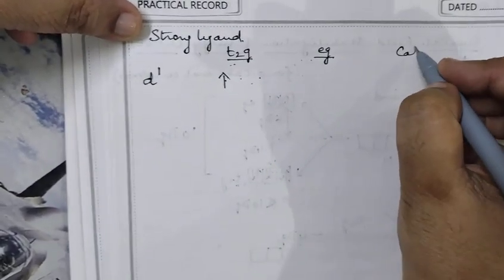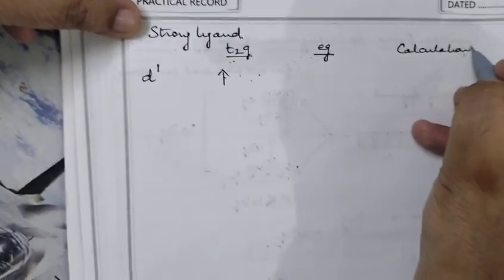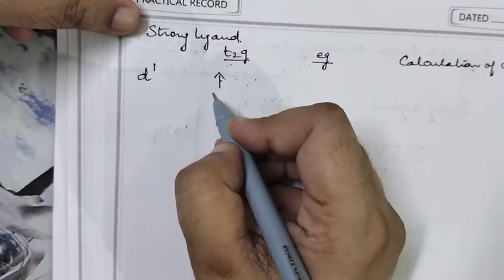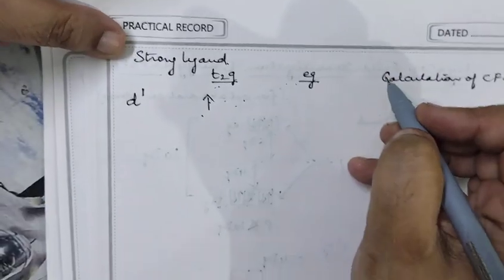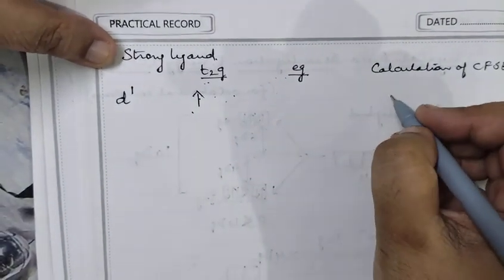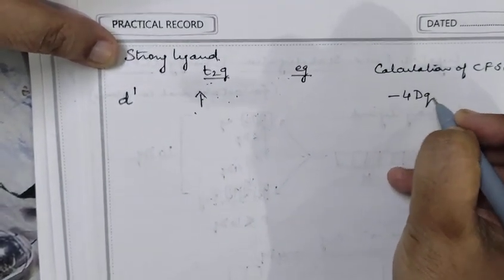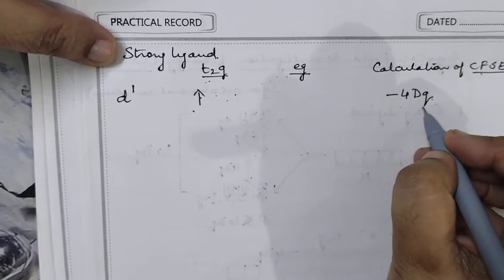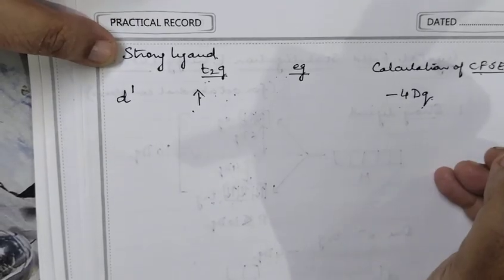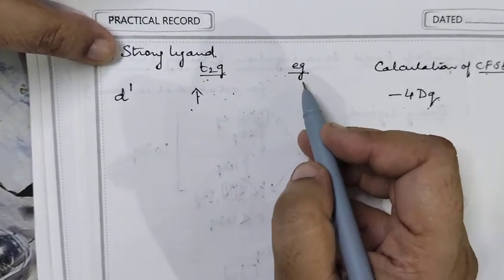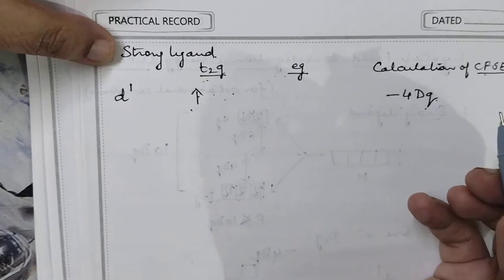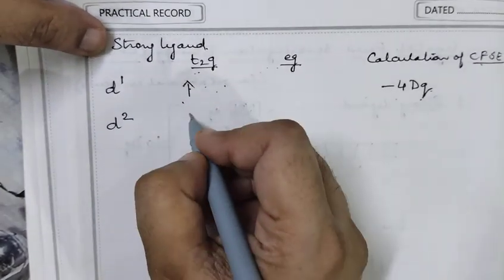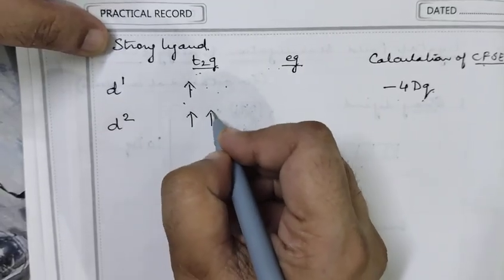And how will you calculate the CFSE? The calculation is very simple here because one electron is filled in T2G. So for one electron in T2G, we take minus 4 dq, so the crystal field stabilization energy will be simply minus 4 dq. If the electron goes in EG, then it will be plus 6 dq.